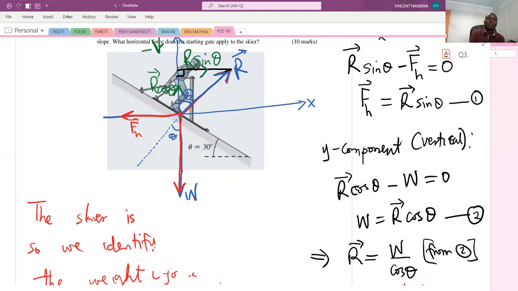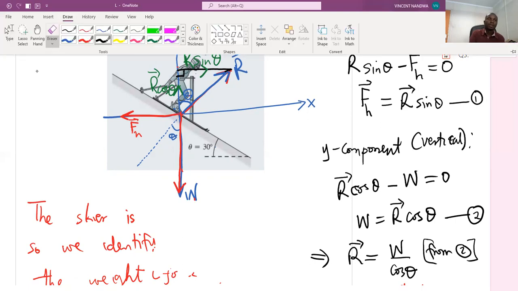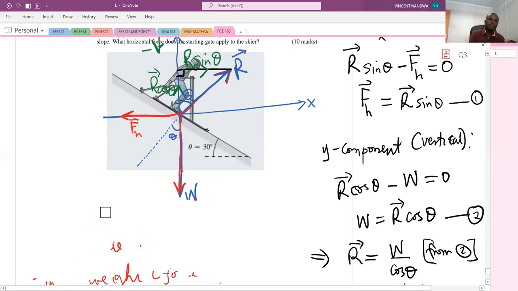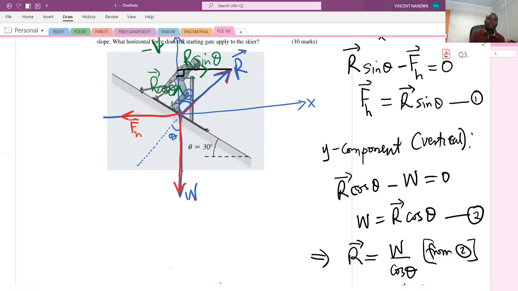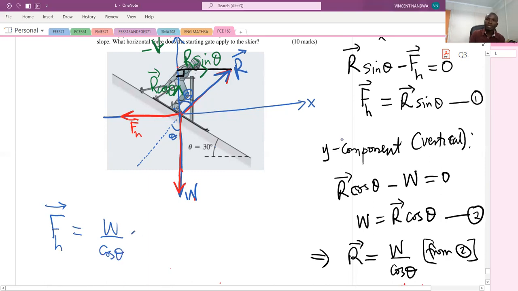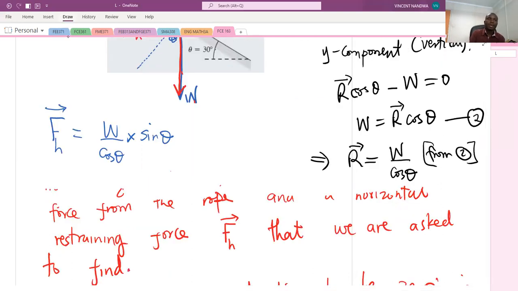And so replacing this value of R in equation 1, we have the restraining force is given by, where there's R, you put W over cos theta times sine of theta, which will be the same as, sine over cosine is tan.